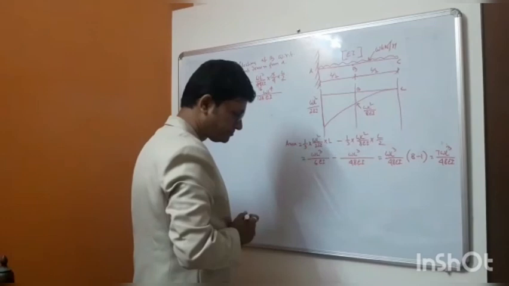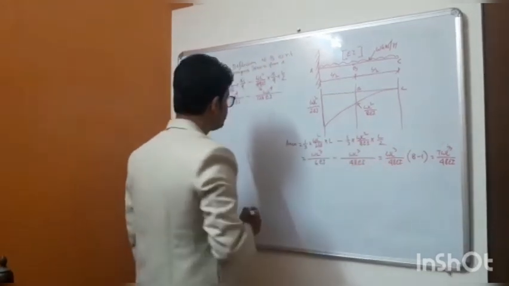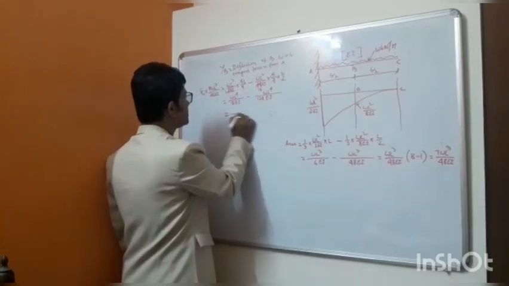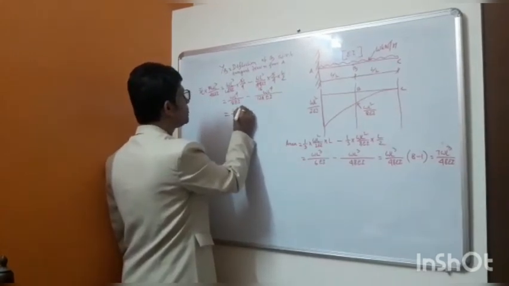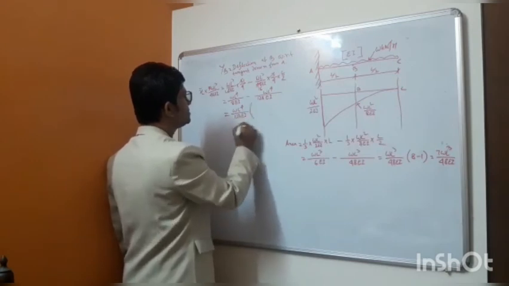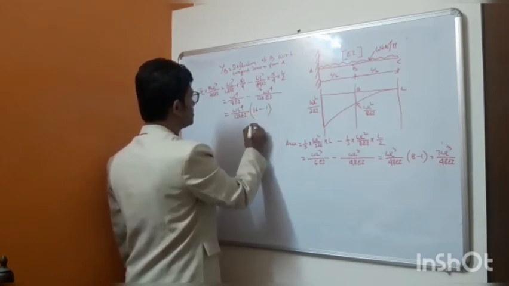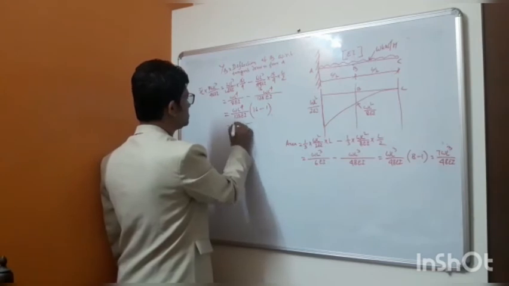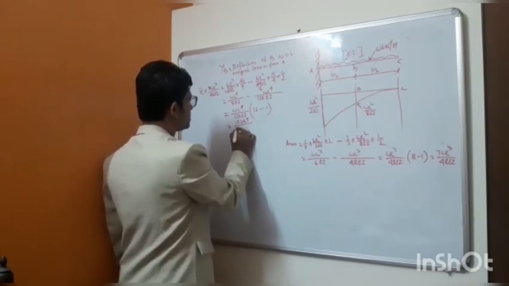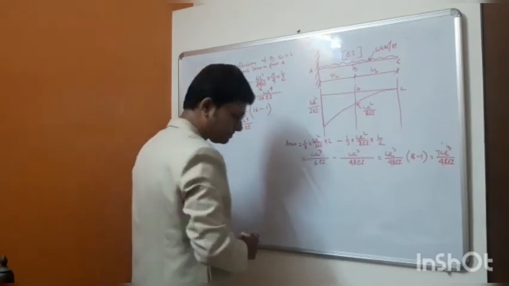So we will take WL to the power 4 by 128 EI out. This is 16 minus 1. This will be equal to 15 WL to the power 4 by 128 EI.